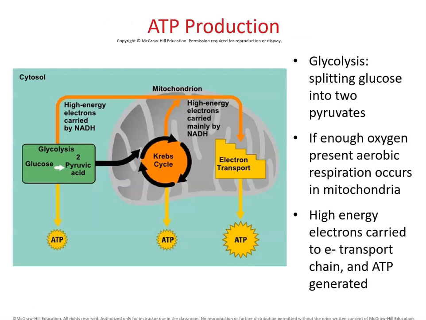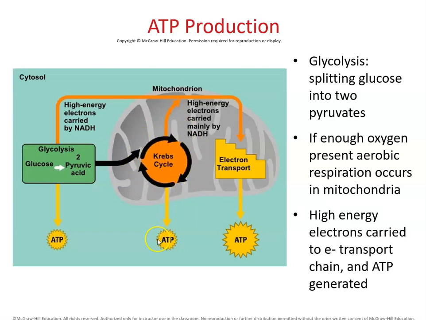So let's talk for just a second about how ATP is produced. Okay, so we have glucose, our good old 6-sided sugar coming in. It goes through the process of glycolysis. And then, under normal conditions, this leaves us with 2 3-carbon pyruvic acids. Those go into the Krebs cycle. You may have also heard this called the citric acid cycle.